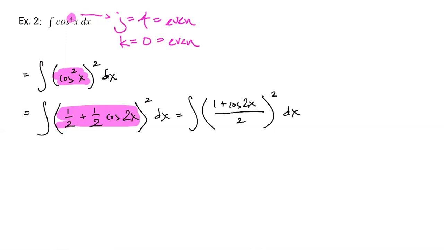I took the two fractions and put them back into one fraction. The reason is that now I can take this square and distribute it to the 2. So 1/2 squared gives me 1/4, and I can bring that constant right out to the front. So this will give me 1/4 the integral of 1 plus cosine 2x, squared.